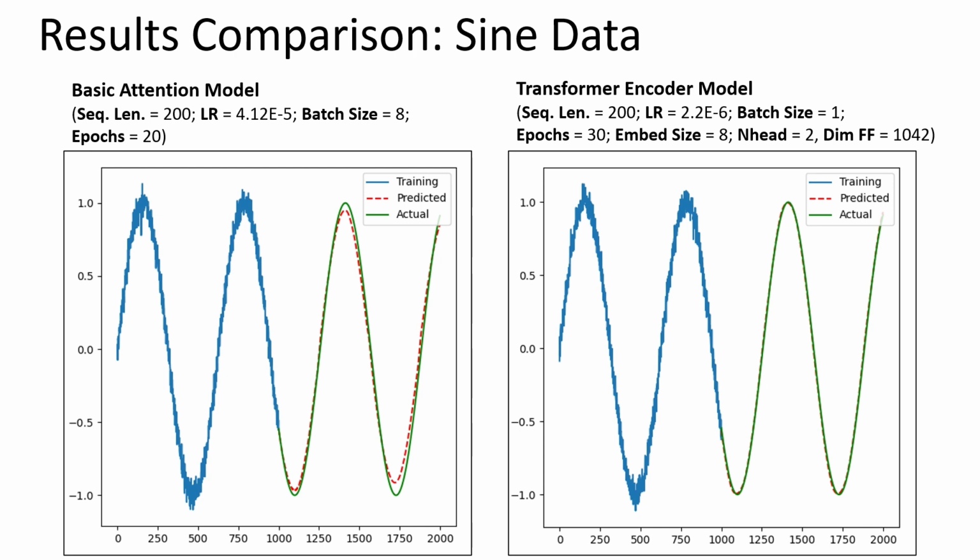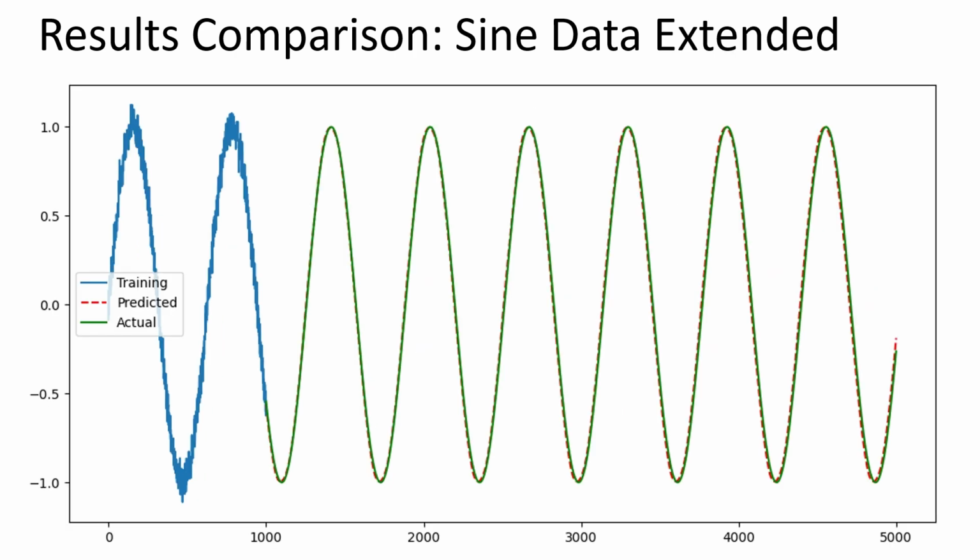I was surprised to see that the transformer encoder model has very, very little error and picks up on the pattern almost perfectly. And so I wanted to see how far this would go. So I increased the forecasting window just to stress test how well the model can do. And yeah, it stays consistently performant very far from the last real data point, at least for this extremely, extremely simple problem.